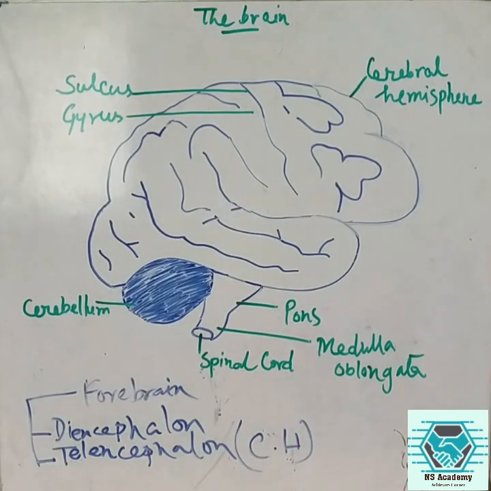And the diencephalon is further subdivided into thalamus, metathalamus, epithalamus and hypothalamus.